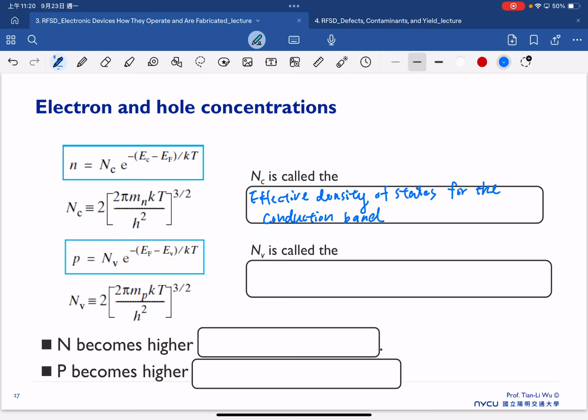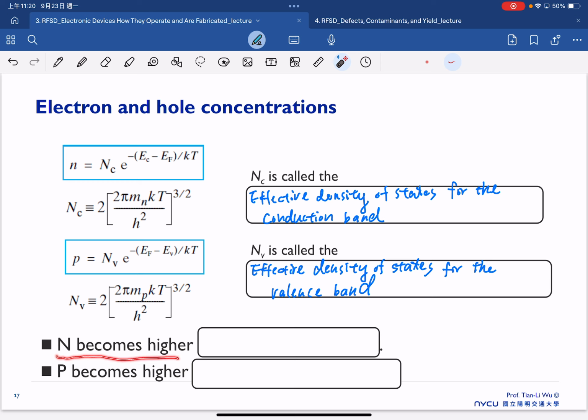And NV is the effective density of states for the valence band. And based on this equation, we can also understand N becomes higher when EF moves to EC.